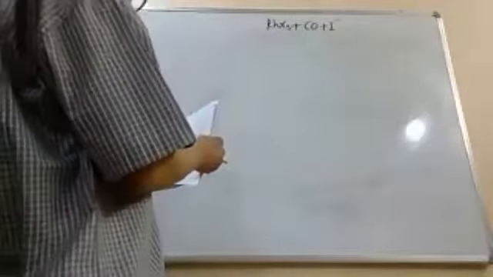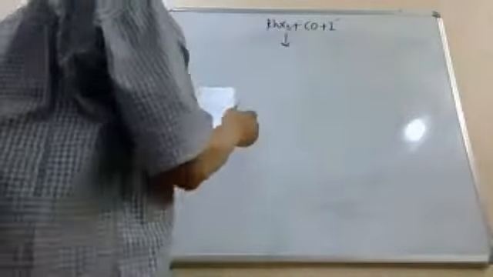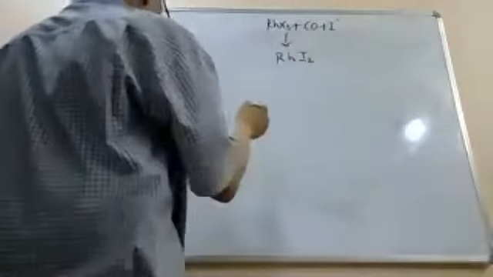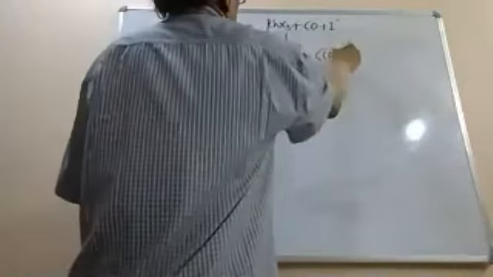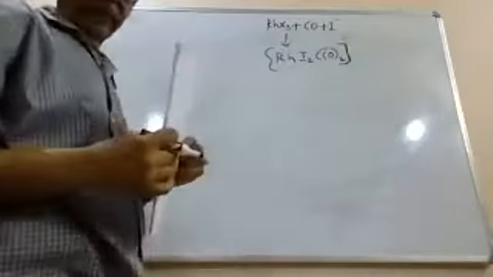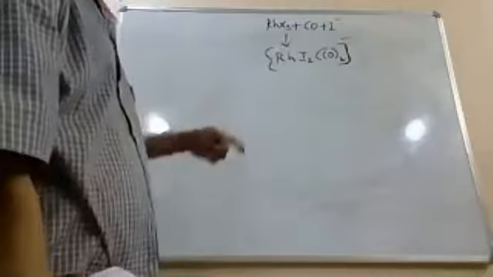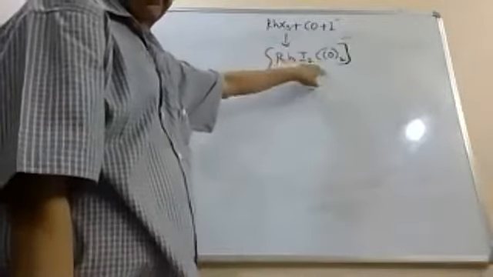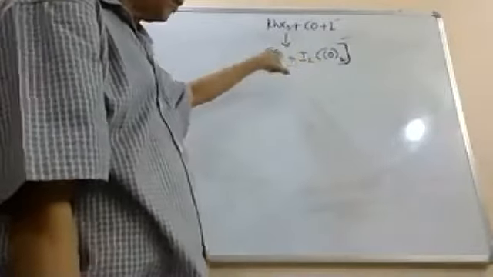So when you add this, we get what we call Rh I2 (CO)2 minus. So this is diiodo dicarbonyl rhodate.